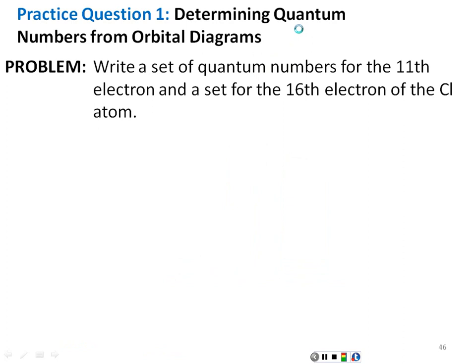Let's try a practice. So write a set of quantum numbers for the 11th and the 16th electron in the chlorine atom. We'll do the 11th first. So chlorine will have a 1s orbital, 2s orbital, 2p orbital, a 3s orbital, and a 3p orbital.